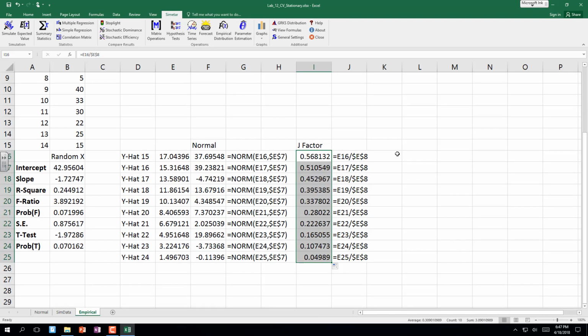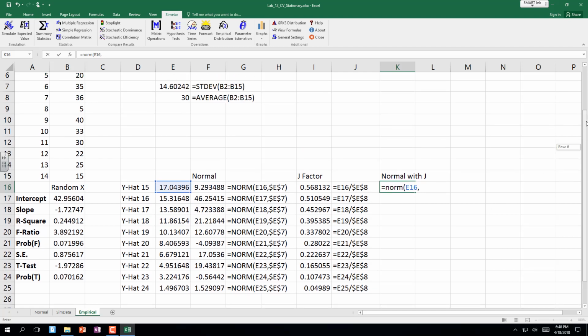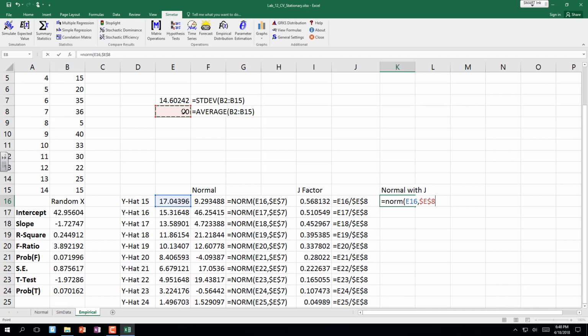And if we're using the J factor, or correcting this for CV stationarity, we're going to have normal with a J. And so that's going to equal norm, left parentheses, the mean for that particular year, comma, the standard deviation, we're going to hit F4 on that, and it's multiplied by its corresponding J factor for that mean.